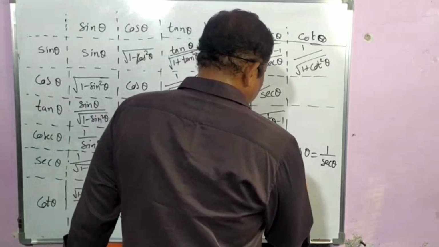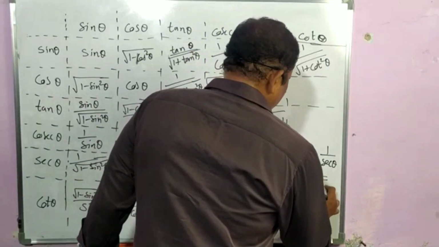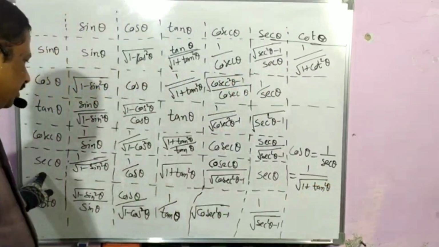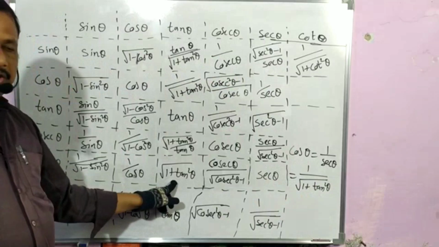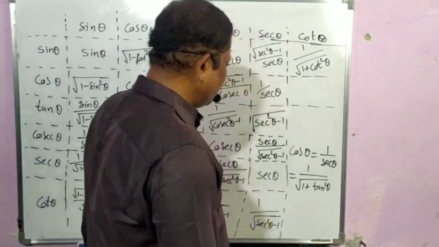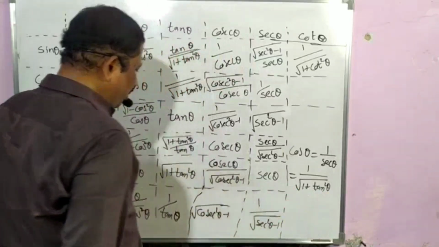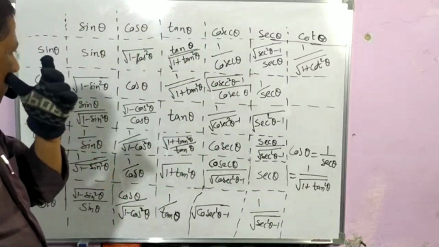Now secant can be written as under root 1 plus tan square theta. We already did this one. So secant can be written as root of 1 plus tan square theta, and that I write in the place of secant. Tan is a reciprocal of cot.